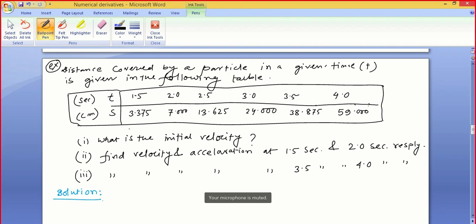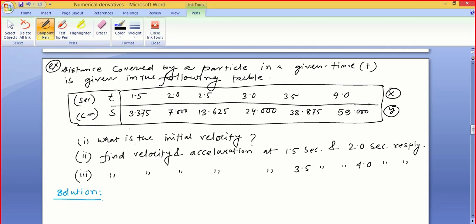At 3, 24. At 3.5, 38.875 centimeters. At 4, 59 centimeters. The time and distance are given to you. We have studied this analytically. Suppose this is the x data and this is the y data.